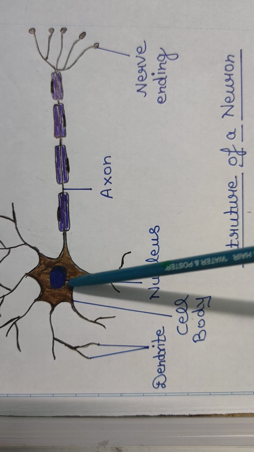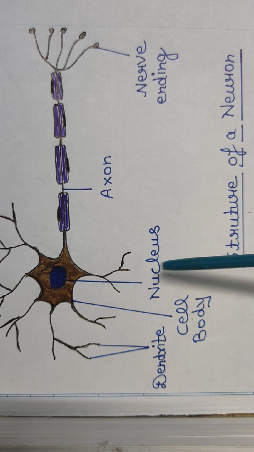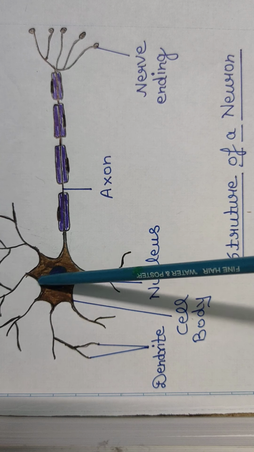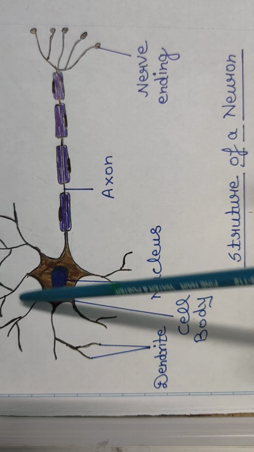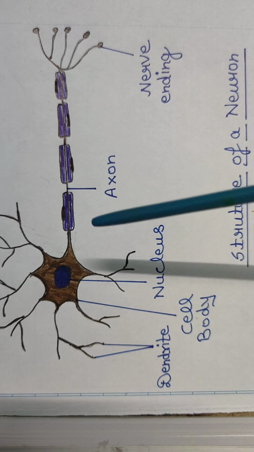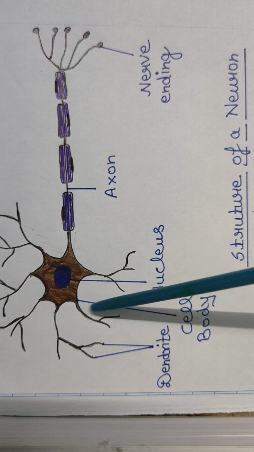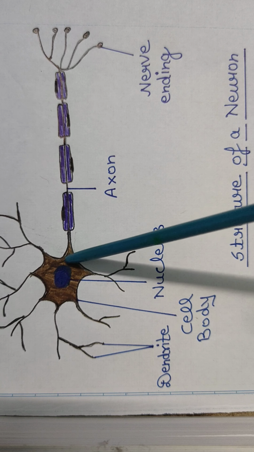The central region is occupied by the nucleus and the cytoplasm. This brown region is called the cytoplasm and this whole portion is called the cell body. So at the level of 9th students, the cell body consists of two parts, that is the nucleus and this part is the cytoplasm.